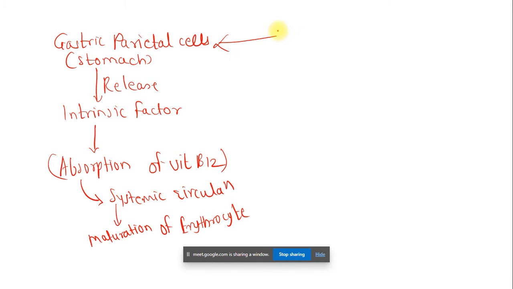Okay, but some autoimmune mechanisms destroy gastric parietal cells.